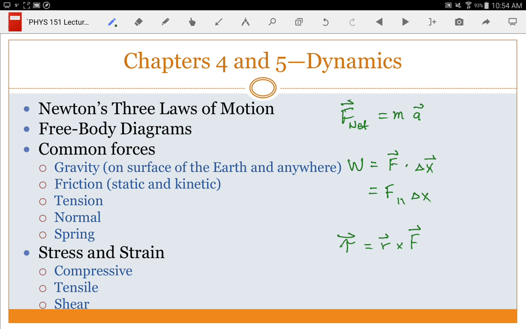Okay. Newton's second law, net force is mass times acceleration. What's another way of writing net force? This sigma, which means sum of the forces. Now this equation, it's important that you realize that's the net force acting on an object you're interested in.